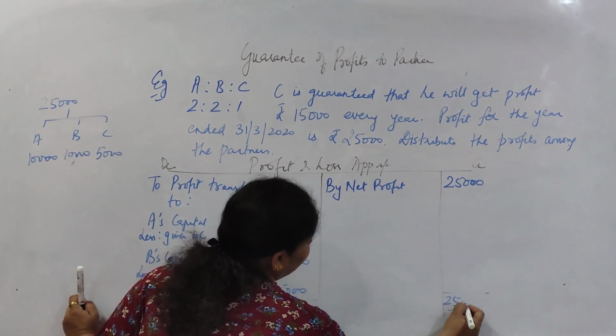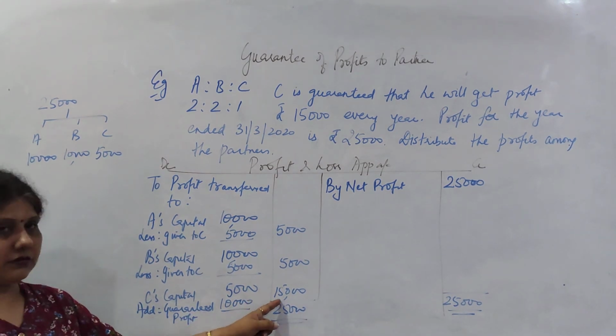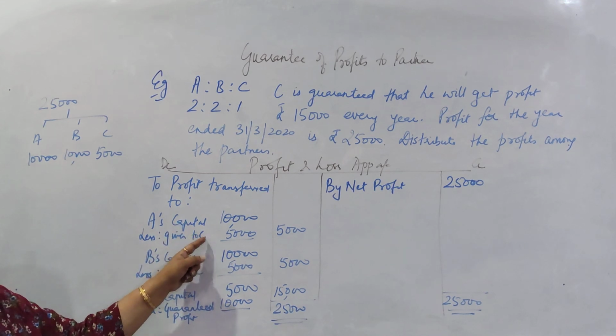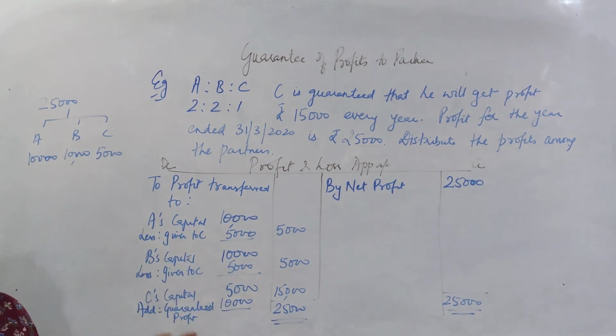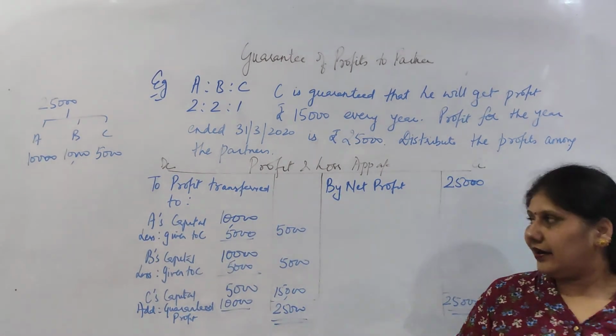So this is how guarantee allowed to a partner is done. The example clearly specified that if a guarantee is given to that partner, then the minimum share of profit, that is 15,000, is to be given to him, and that profit will be given by the remaining partners in the remaining ratio.